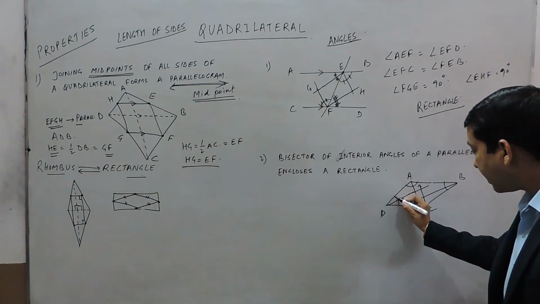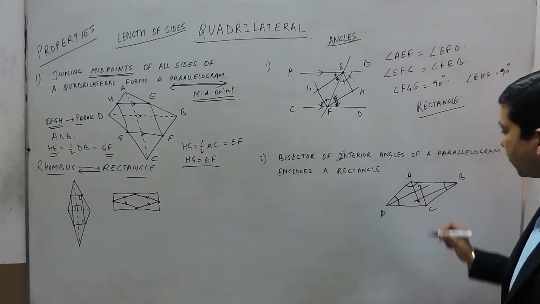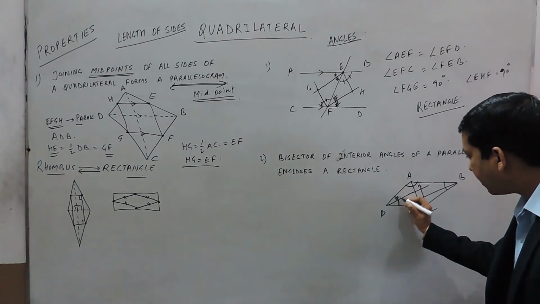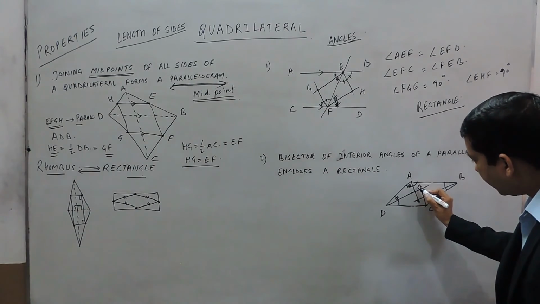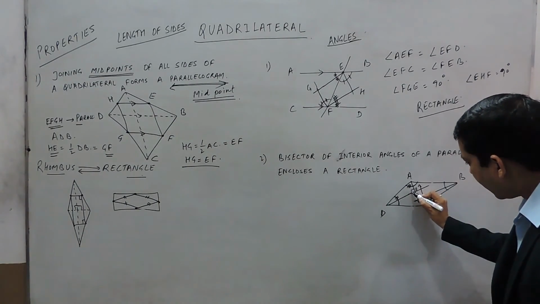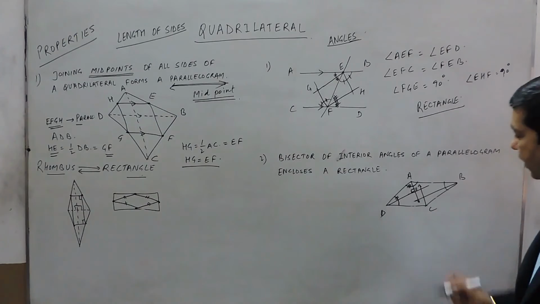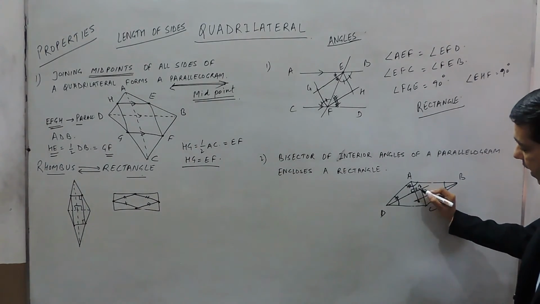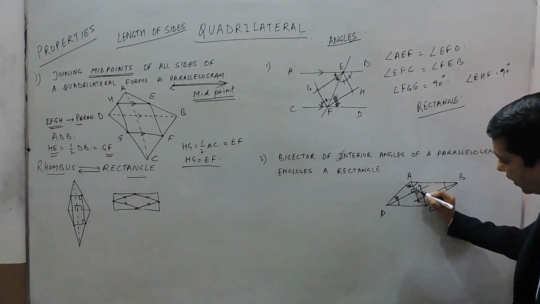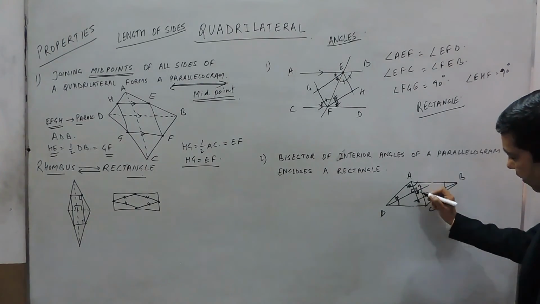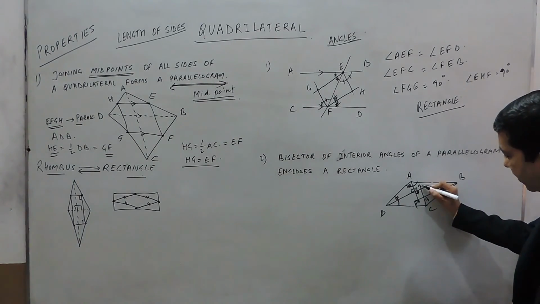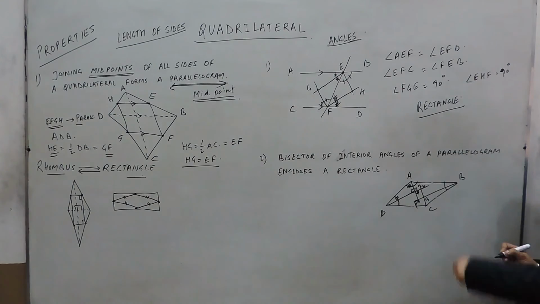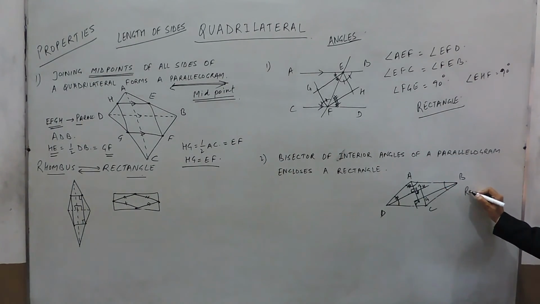Now the point is the sum of this angle plus this angle is 180 degrees. So half of this angle and half of this angle will amount to 90 degrees, which will assure that this point E will make a 90 degree angle with A and D. And if this is a 90 degree angle, then the angle opposite to this is also a 90 degree angle. So the figure which is enclosed, which can be termed as EFGH, inside a parallelogram, will be a rectangle.